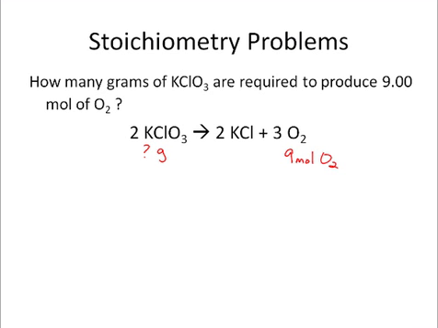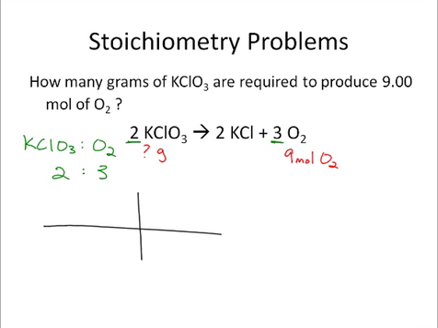So when I go to start this off again, I need to look for what's my ratio of KClO3 to oxygen. And so we look at our coefficients in our balanced equation. We're going to have 2, and we're going to have 3. So that's my ratio. So I'm going to make our dimensional analysis chart. I'm going to start with 9 moles of oxygen.